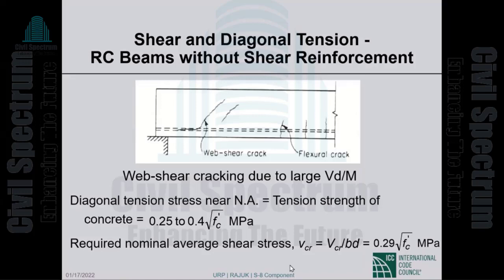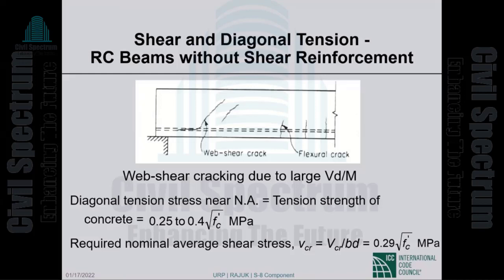That tensile strength, it has been established by many experimental tests, is between 1/4 and 40% of the square root of f sub c prime in SI metric units. Okay, 0.25 to 0.4 square root of f sub c prime.